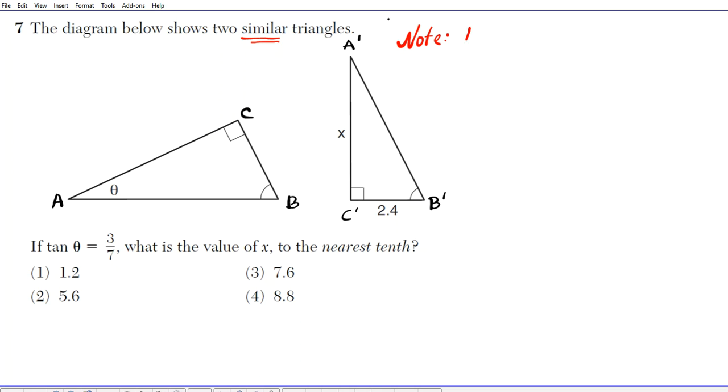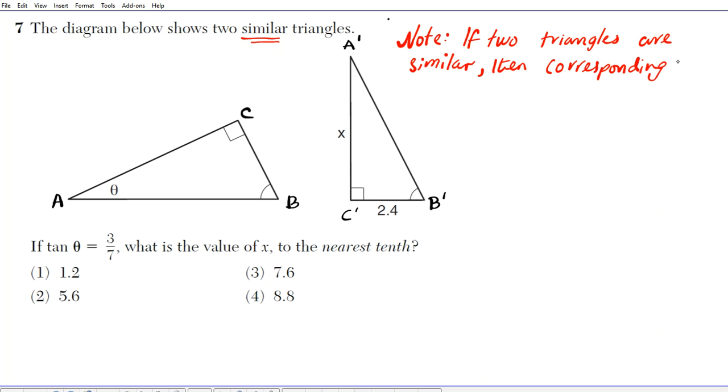If two triangles are similar, then corresponding angles are congruent, and corresponding sides are in proportion.